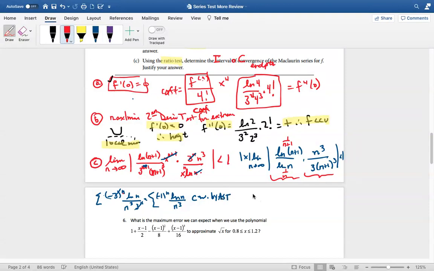But then when I put 3 in, the 3 to the n's are going to cancel out, and I'm just left with ln n over n cubed. They go to 0, but that's not enough to say convergence for this series. So I'm going to compare. ln n is close to n, enough to compare, which gives 1 over n squared. 1 over n squared converges because it's a p series, p is greater than 1.